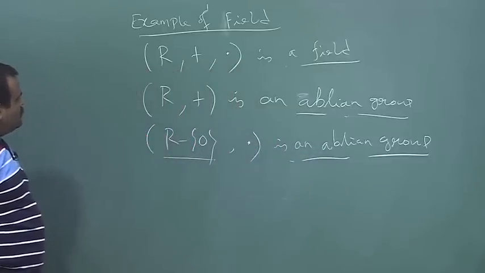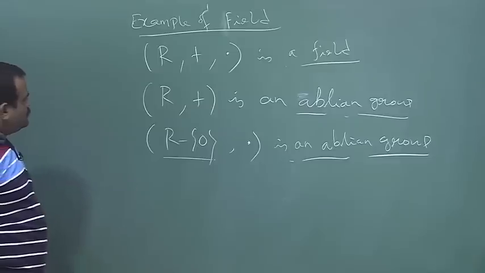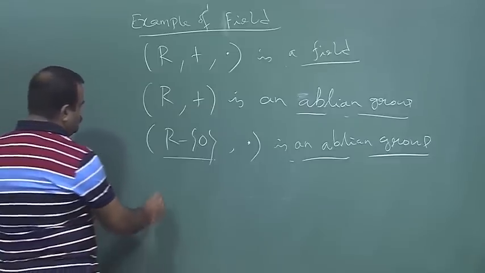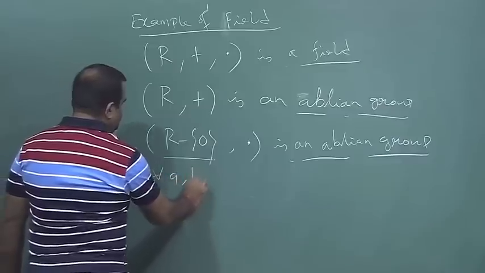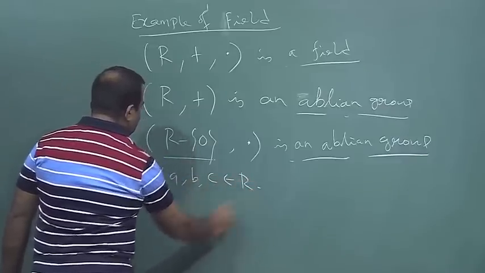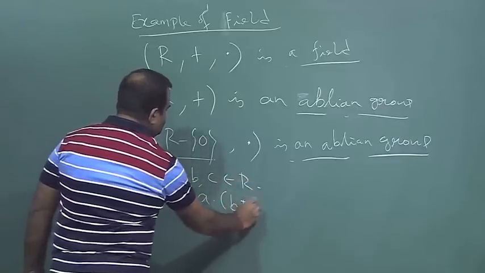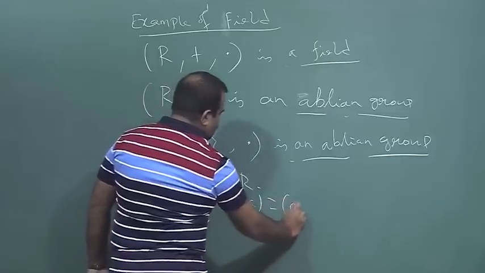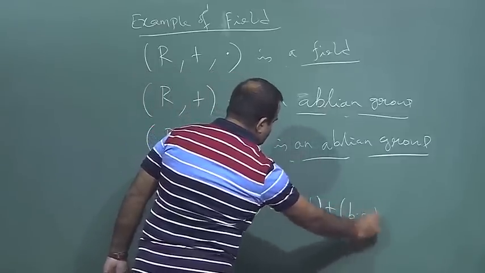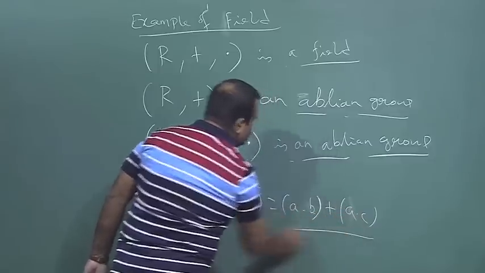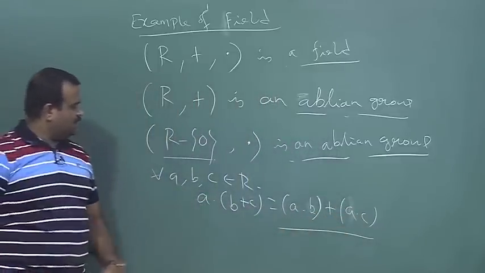So this is also an abelian group, and we also have the distributive property. If you take any 3 elements A, B, C from the real number set, we know A dot (B plus C) is equal to A dot B plus A dot C. This is the property of plus and dot.